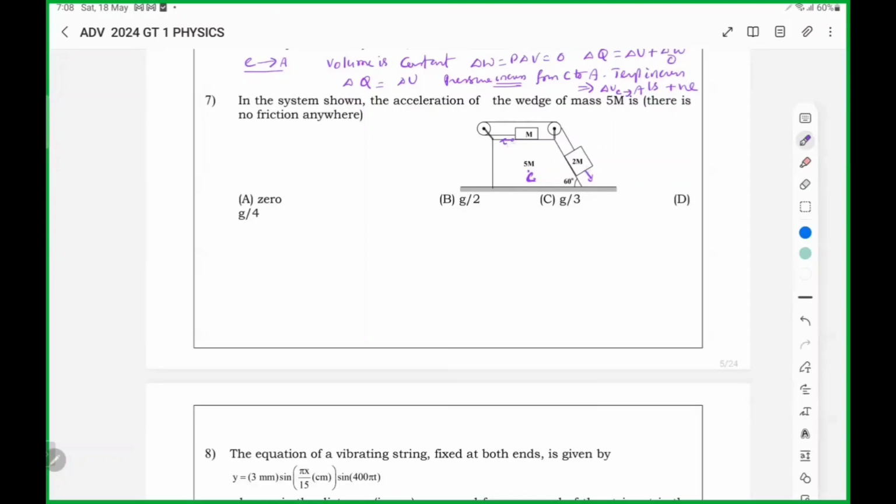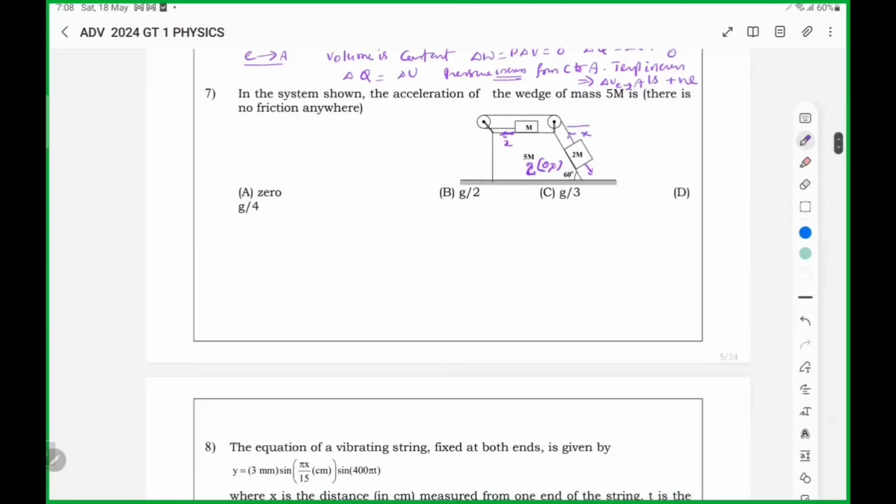So when m starts moving towards left, there is no external force, center of mass will not change. So here it moves by a distance x. So this also string moves up by x, but horizontally, how much? Here it is 60, this is 60. So it will be x cos 60, which is x by 2.